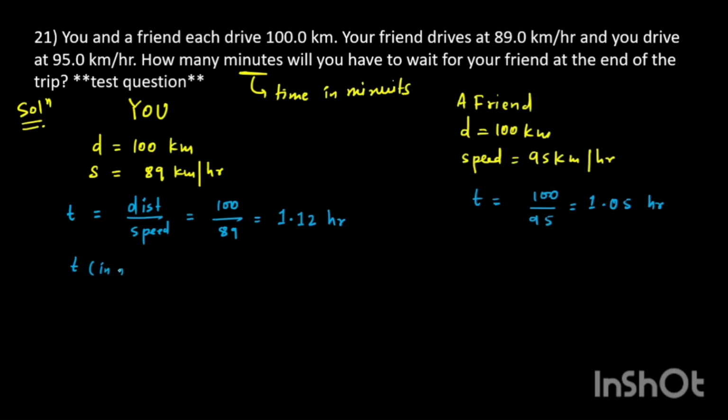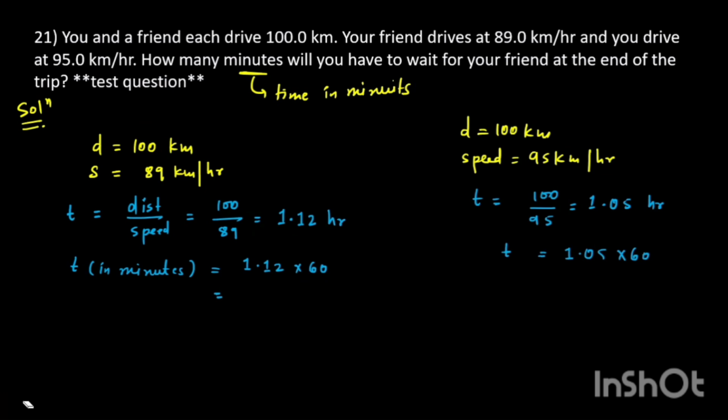So in order to convert hours into minutes, what we actually do? Multiply both the numbers by 60. Do it and tell me the value. First one is 67.2 minutes.